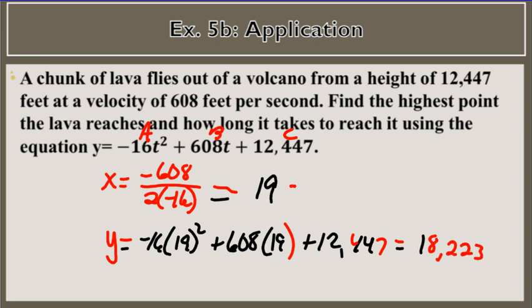So after 19 seconds, the height of the chunk of lava is 18,223 feet. So that's our lesson today on identifying characteristics of quadratic functions.